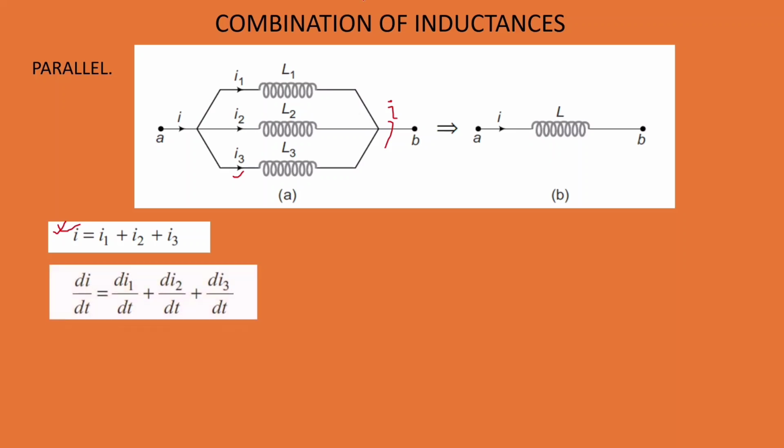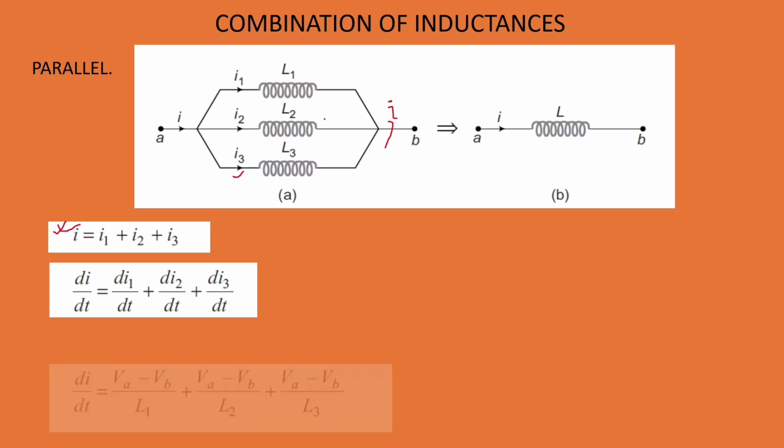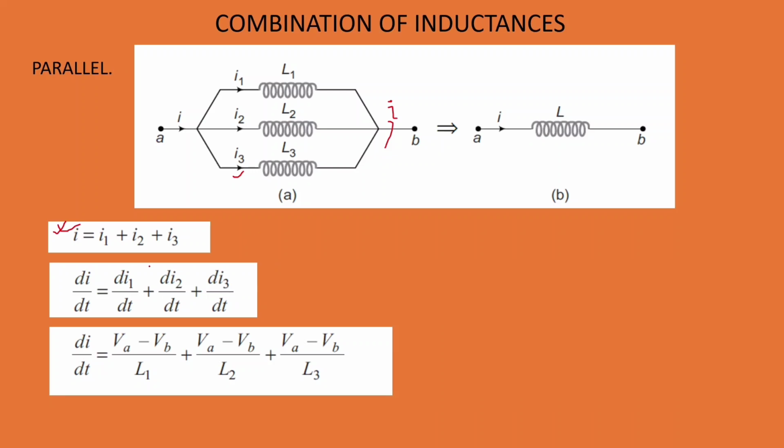So we get the time derivative of this current, or the rate of change of current, di dt equals di1 dt plus di2 dt plus di3 dt. These are the individual changes across the inductors, giving the total change. Now this di1 dt is VA minus VB by L1. Why? Because VA minus VB is L1 di1 dt.